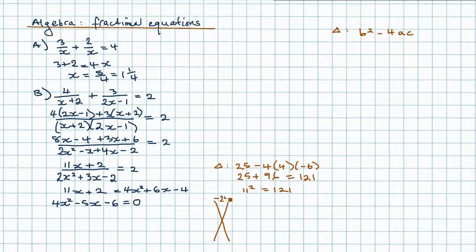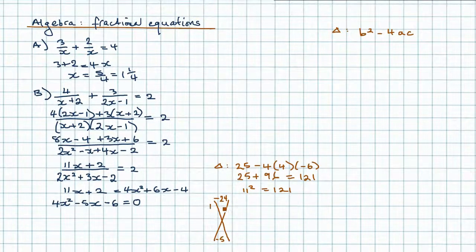Again, if you're not sure what I'm doing here, go to previous videos and make sure you learn that first before attempting something like this. Now our sum is minus 5. So we're asking ourselves what two numbers will multiply together to get minus 24, but also sum together to give minus 5. So, two factors of 24.